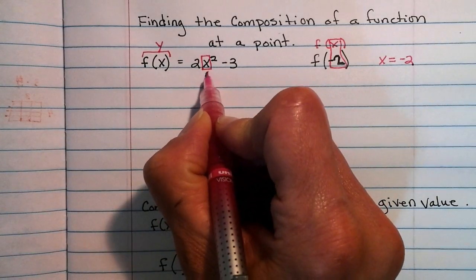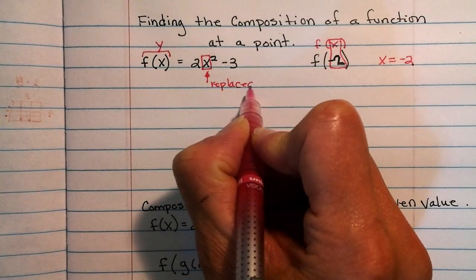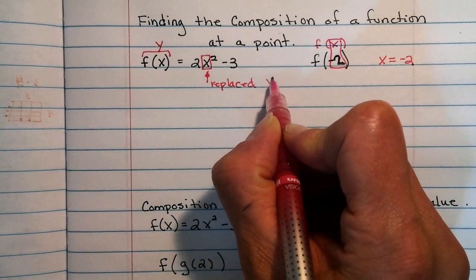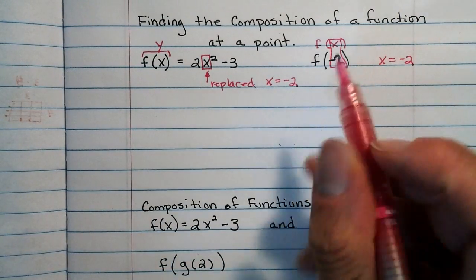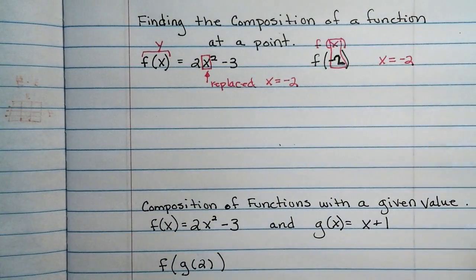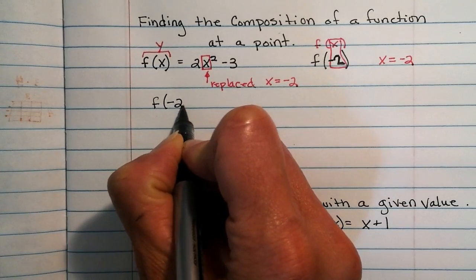So this gets replaced with x equals -2. So I have to be careful how I write this. So my new function is f at -2.